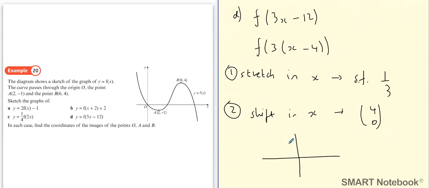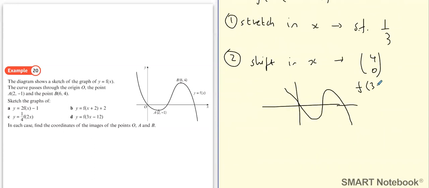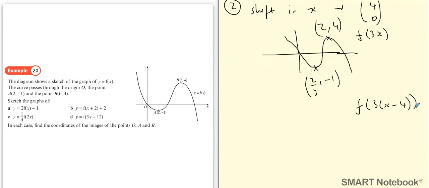So first I need to do the stretch, so I'll do f of 3x first. And so this point here is going to become (2/3, -1). This point here is going to become (2, 4). And then I'm going to do f of 3x minus 4. So I need to shift everything right by 4.